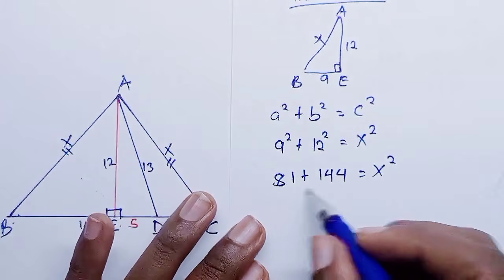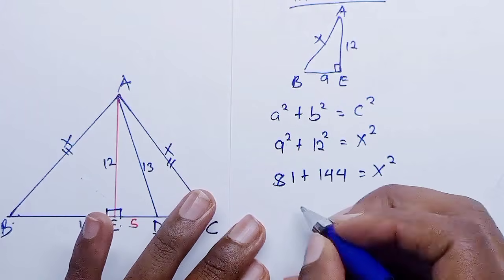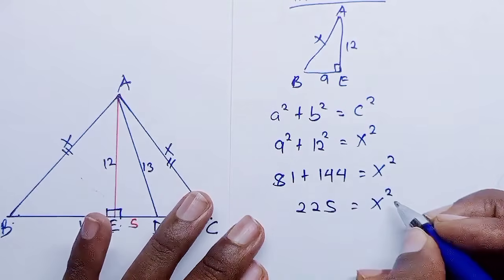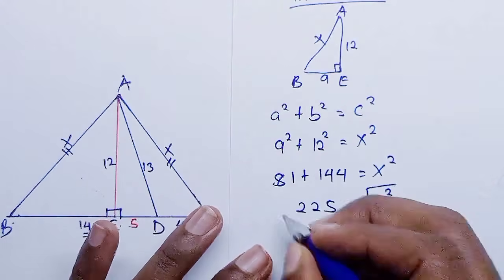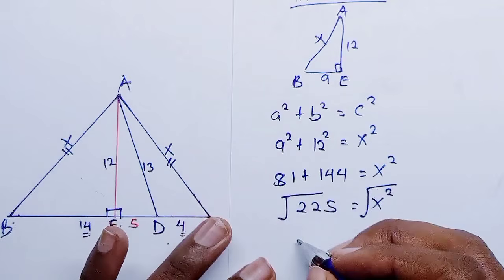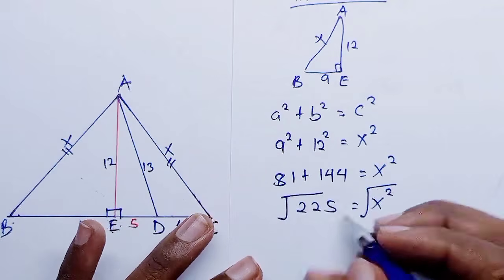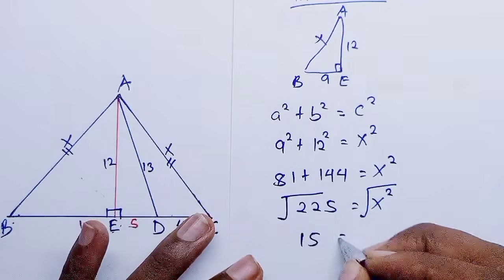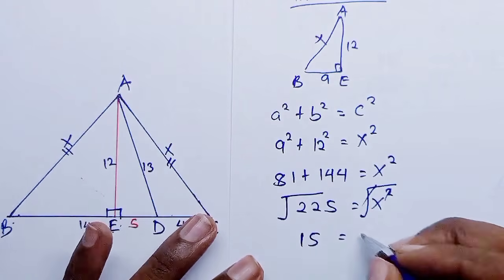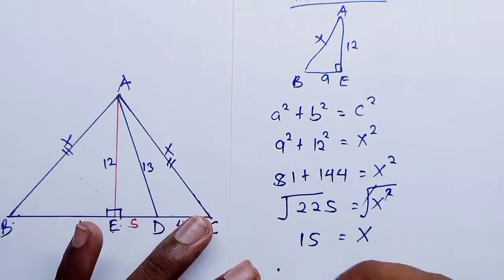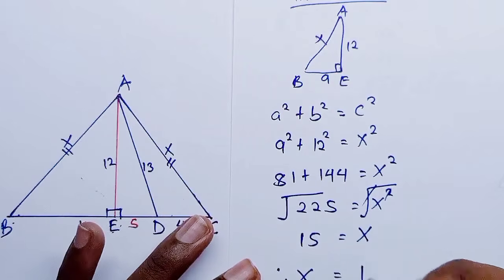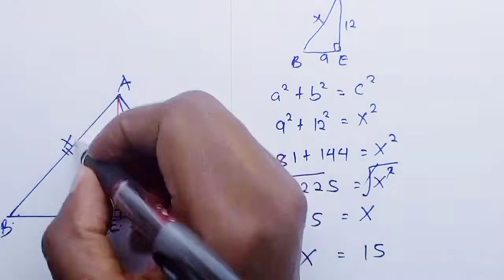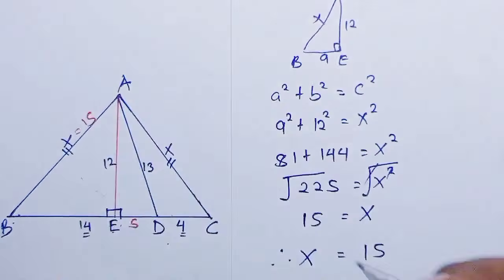And therefore 81 plus 144 gives us 225 is equal to x squared. So we find the square root on both sides. Square root of 225 is 15. This cancels with the square root, we have x. Therefore x is equal to 15. So this x is 15.